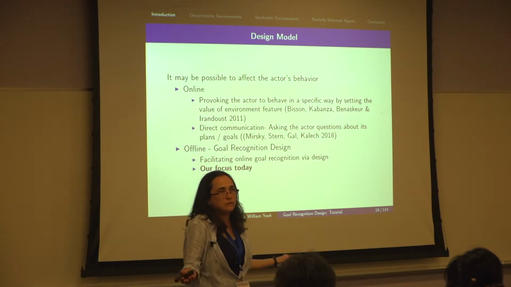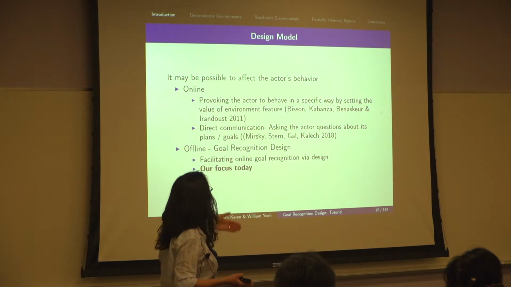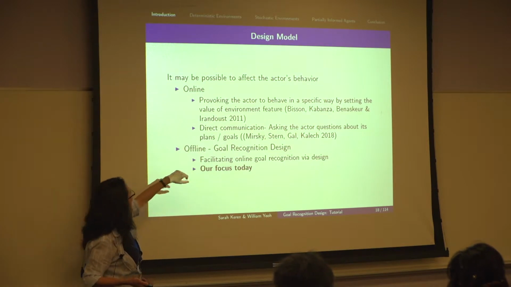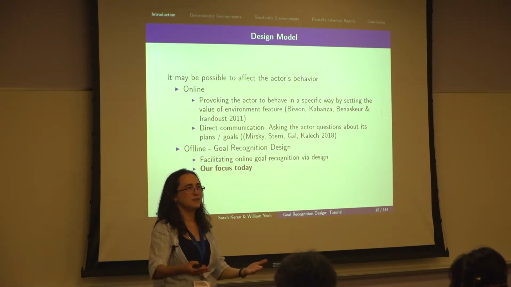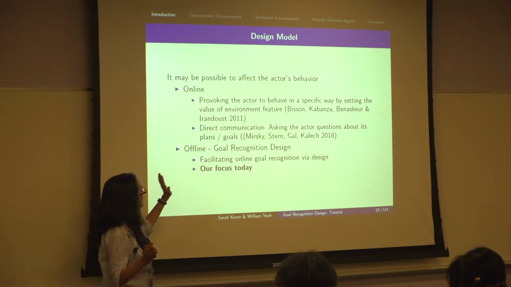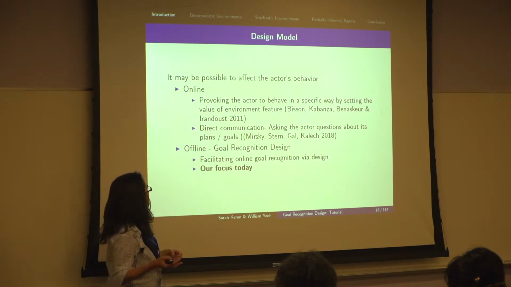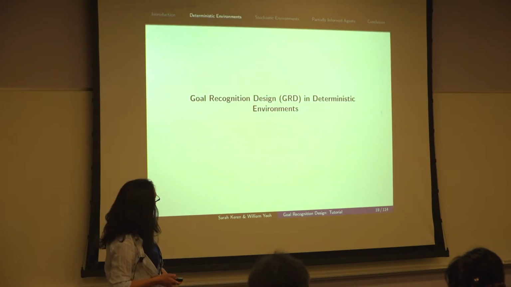In some cases, you can just ask the agent what they're trying to achieve, or in more elaborate settings, think about smart ways to provoke agents to interact in an effective way to understand what their goal is. But today, we are focusing on an offline analysis. What is the best way to facilitate goal recognition via design?